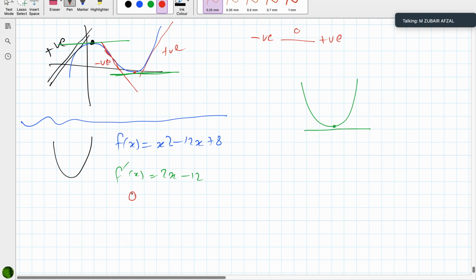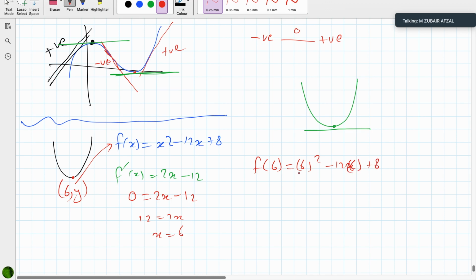So we substitute 0 in place of gradient and solve for x. 12 is equals to 2x, x is equals to 6. Now we know that at the turning point the x coordinate is 6 and y coordinate is unknown. Now put this back in the original equation to find y. So f of 6 is equals to 6 square minus 12 into 6 plus 8.